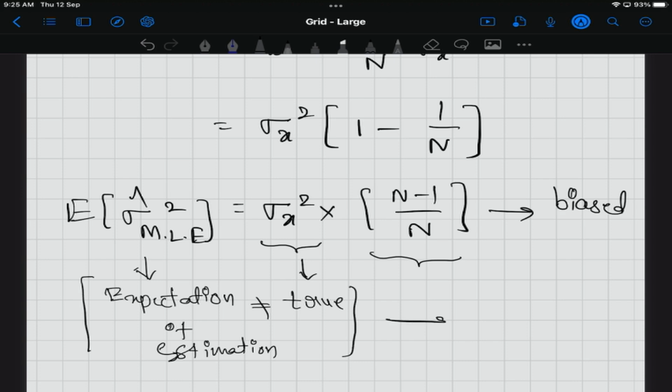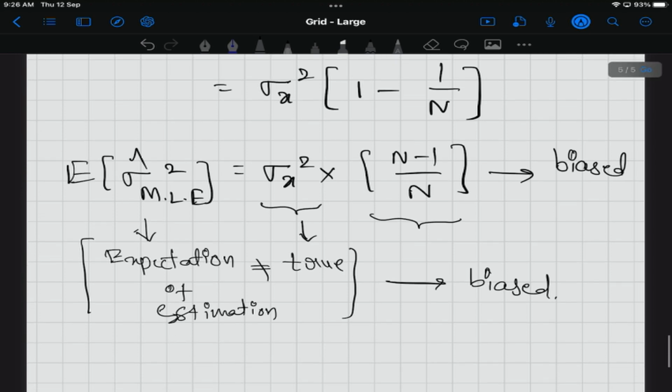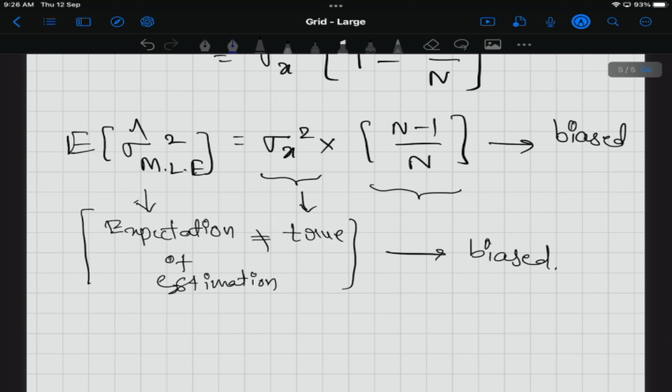Then this is biased. Now the question is, how can I fix this bias, or how can I do bias correction? I have my expectation, which equals the true value into some factor. So if I have to do bias correction, what should I do?